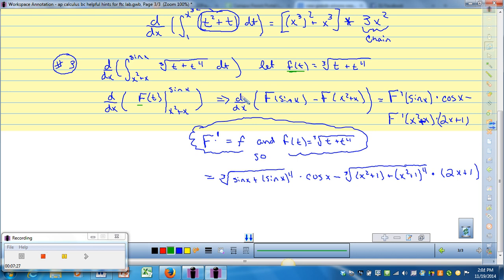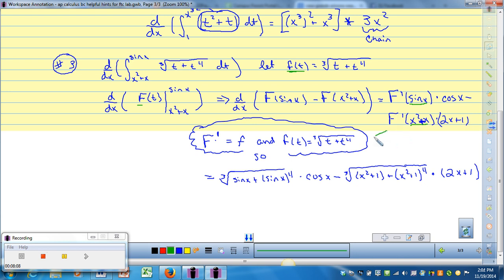And then we are asked to take the derivative with respect to x. So we get capital F prime of sine x, but because the inside is not simply x, we need to apply the chain rule, so we have to multiply by cosine x, minus capital F prime of x squared plus x, and again, because that is not simply x, we need to apply the chain rule, which is 2x plus 1.